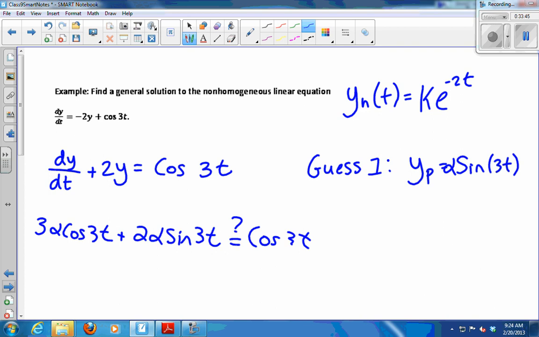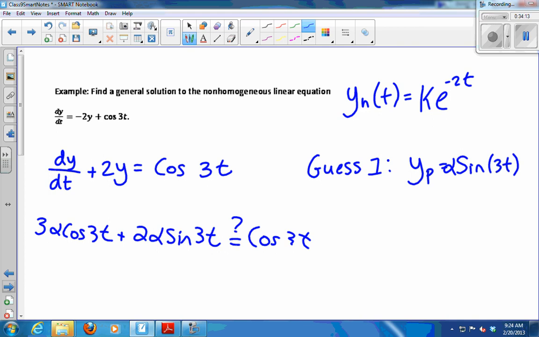Are there any coefficients we can choose for alpha that would make that equal to cosine 3t? Well, my coefficient on cosine 3t is 3 alpha, right? And I need that to be a 1 because the coefficient on cosine 3t over here is 1. So if I make alpha 1/3, I'll get the right coefficient on cosine 3t.